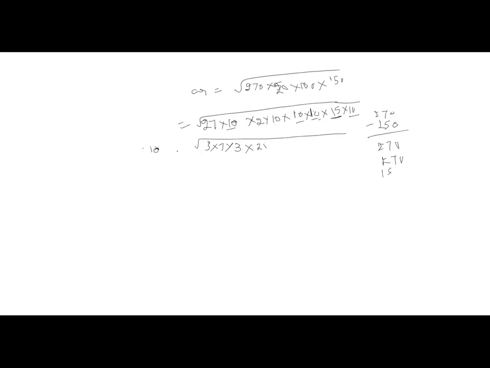There is 15 also here. Yes, ma'am. 2 into 5, 2 into 5, then 3 into 5, and then again 9,000.